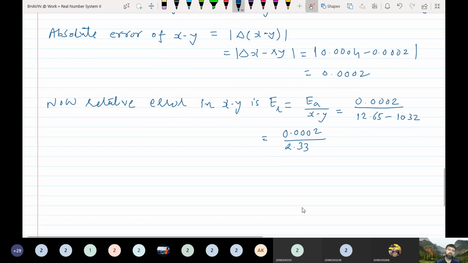So now tell me the answer. If calculated by scientific calculator, what is the answer of this ratio? Please, anyone? What is the answer of this? 8.58 into 10 raised to minus 5. Please speak again. 8.58 into 10 raised to minus 5.